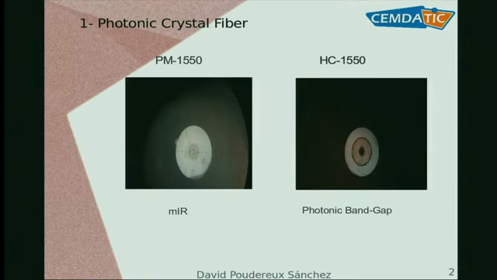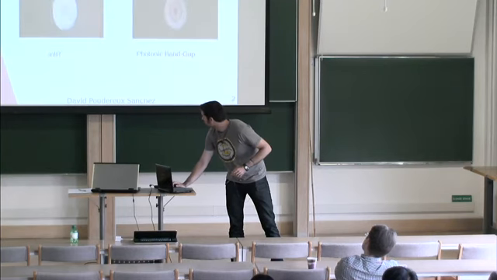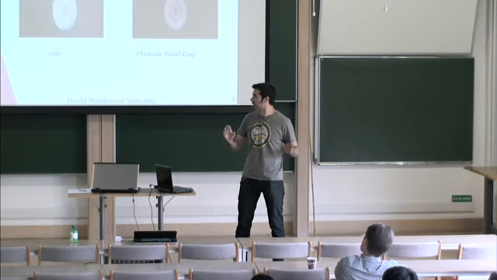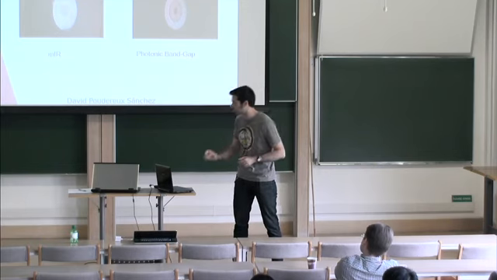In the second one, the fibers are empty, the core is hollow, and the mechanism is the photonic band gap. As you know, with a photonic band gap, some wavelengths can be guided and some cannot. My research is focused on the first type because it's easier for my purpose.